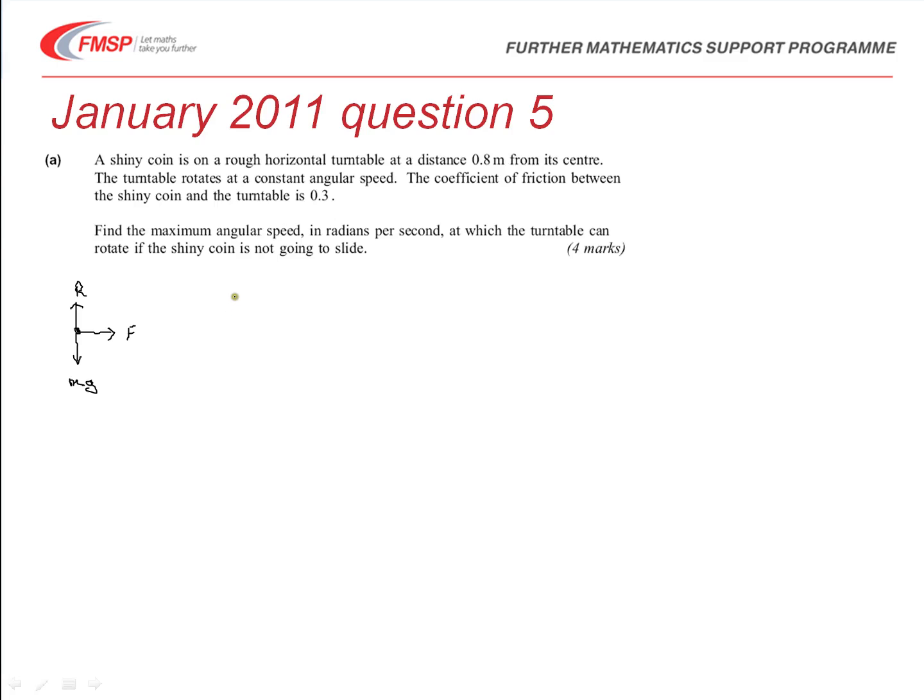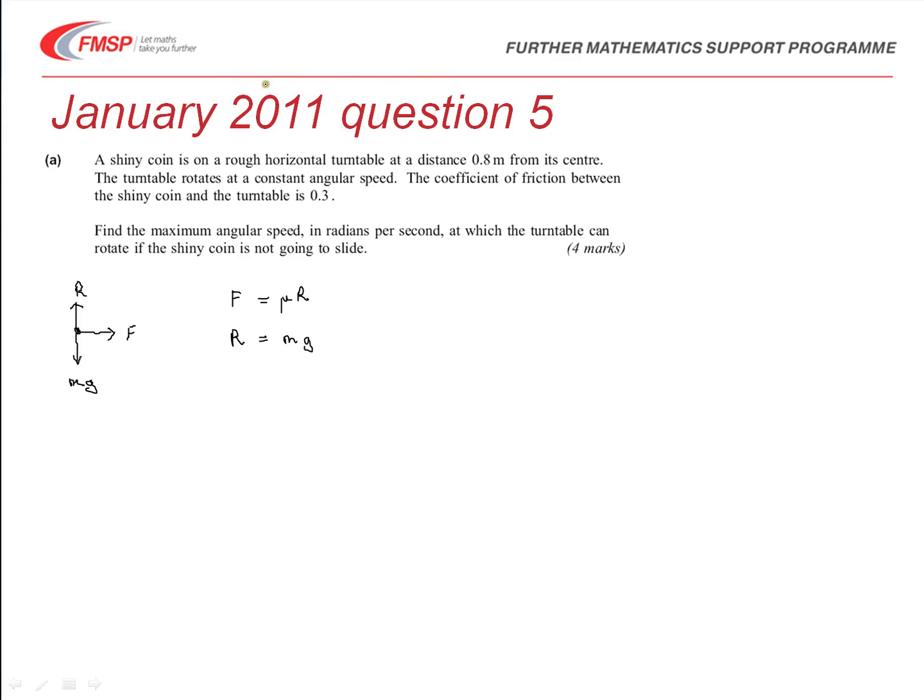So we know that F, the friction, must be equal to mu R under these circumstances. That is the key thing. And we also know that R must be equal to mg, the weight, since the coin is resting on the turntable.